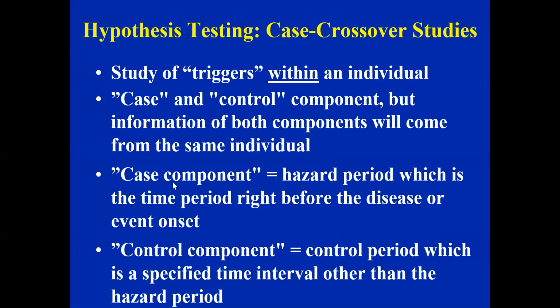Remember, at some point an individual will be a case, and at some point they will no longer be a case. This is an example of when an individual can be a case. The hazard period is the time period before the disease or the event onset. Then the control component, the control period, is a specified time interval other than the hazard period.